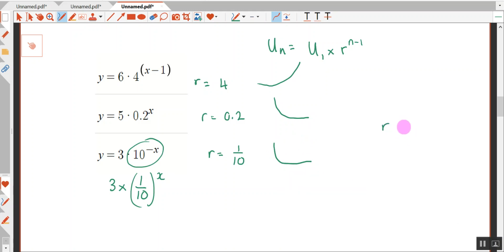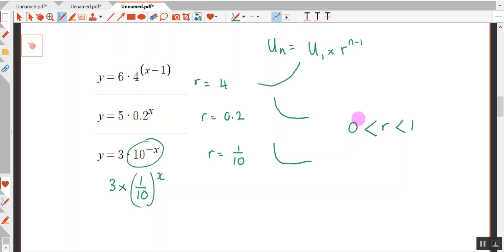So if r is less than 1, and greater than 0. Well, this could be negative 5, but that's not what I'm talking about. So r has to be greater than 0.